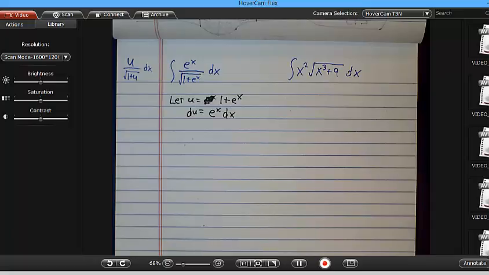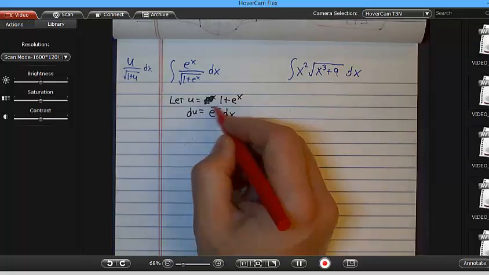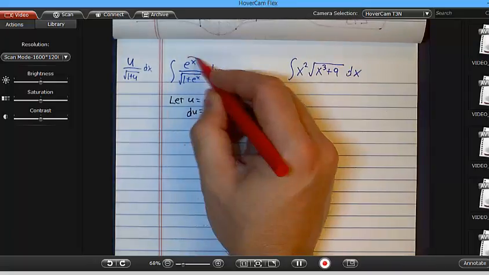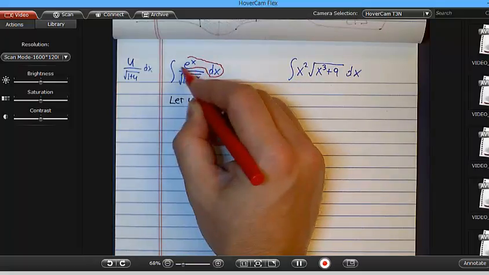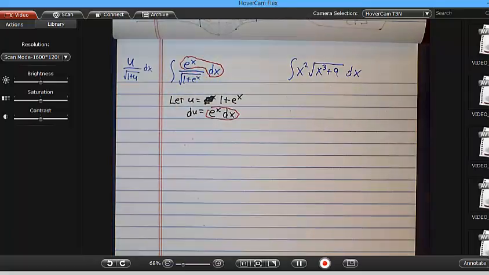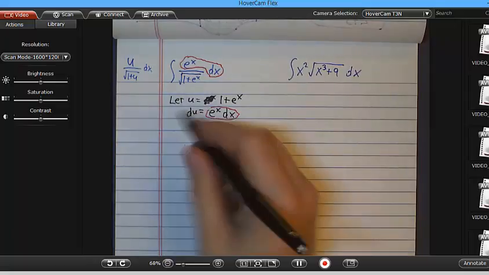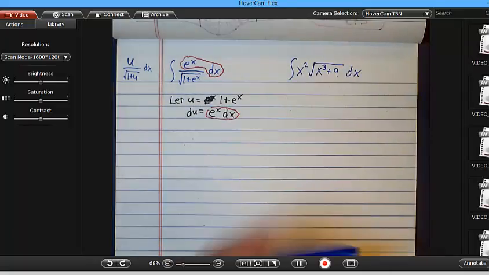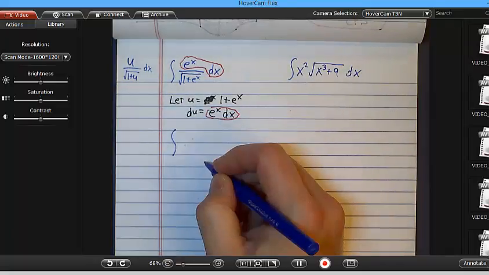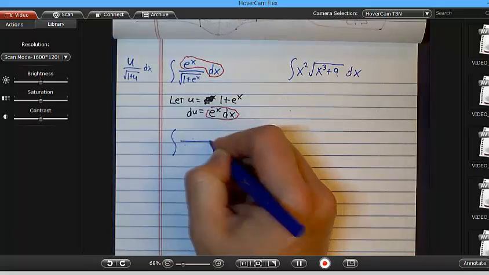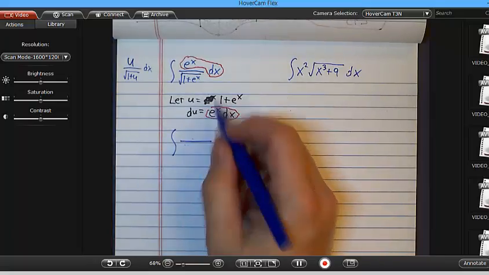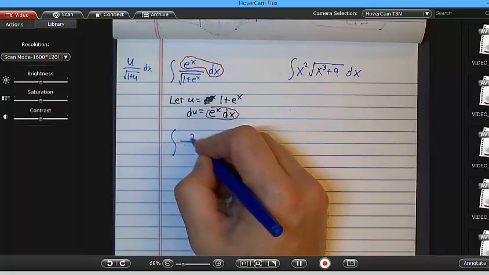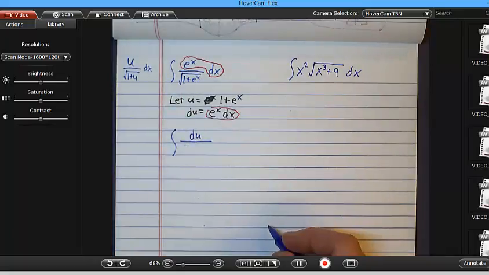And that's beautiful because I'm going to have it now. Here, if you look at what I have, that e to the x dx is sitting here. See that? So watch what we get now. We're going to write this as antiderivative of, well, that whole mess is my du.